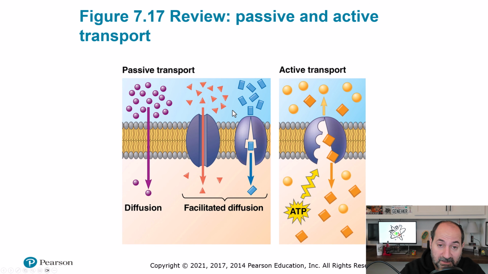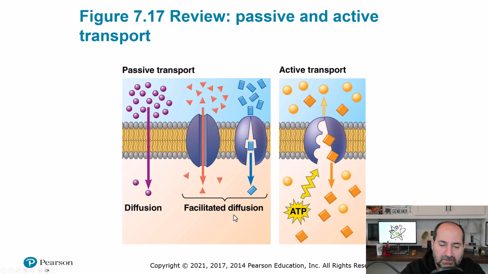For ionic compounds and for polar substances, remember this requires a channel or a carrier protein. And when diffusion of a substance across a membrane requires a channel or carrier, this is known as facilitated diffusion.